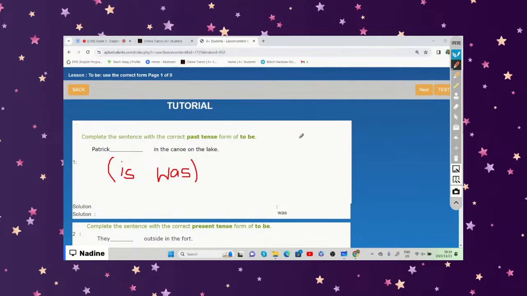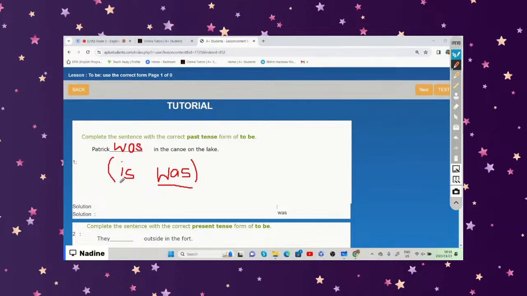So we need to choose one of these. So if we look at the past tense form of to be, then we can say Patrick was in the canoe on the lake because it shows the past tense.